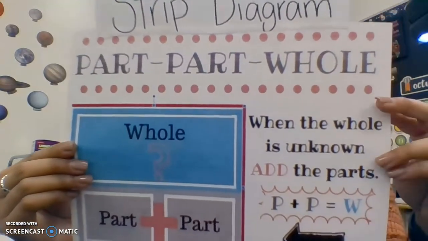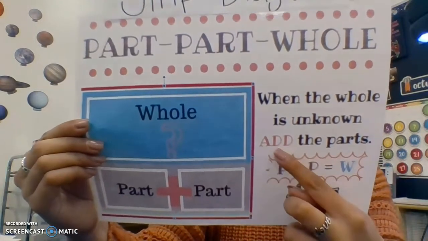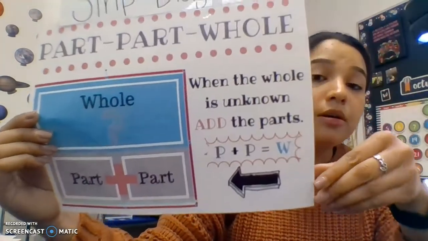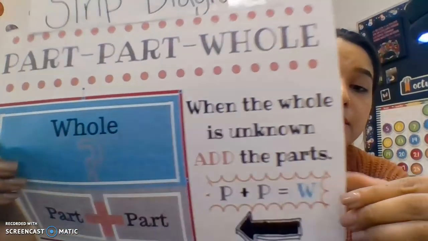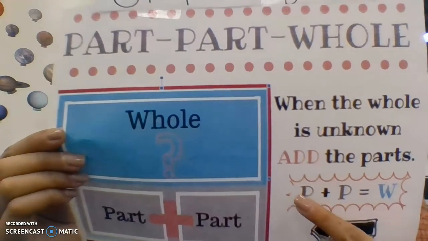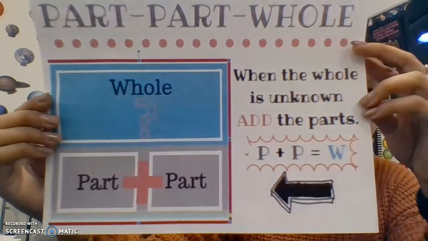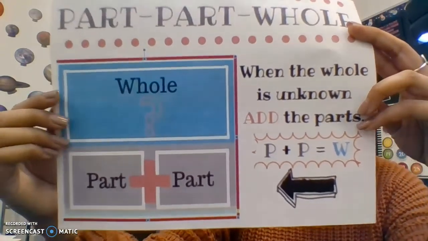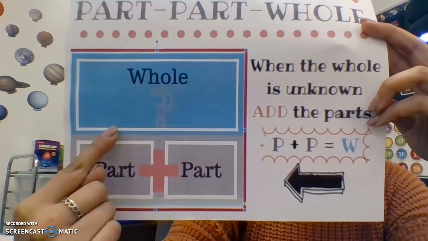What does that mean? When the whole is unknown, add the parts. So what are we doing? We are adding the parts. So part plus part equals whole. Right here, when our whole is unknown, that's why we have a question mark, because we don't know our whole.